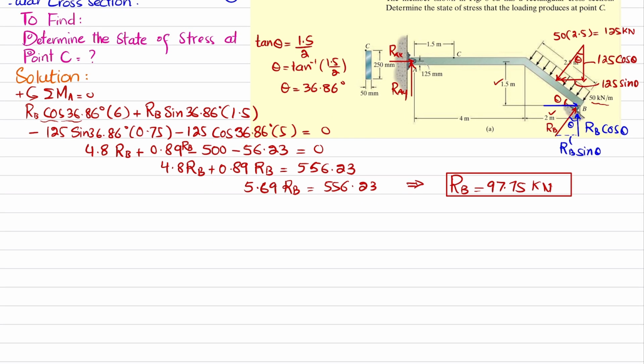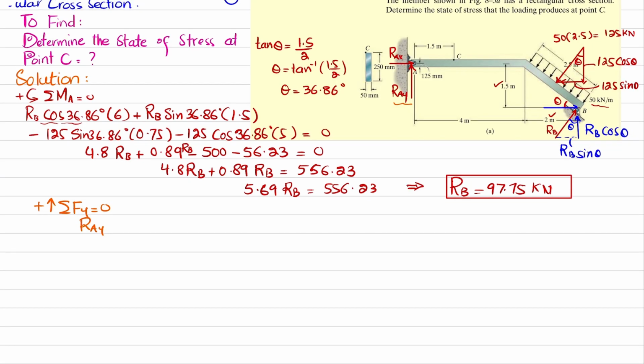Now we'll find this RAX and RAY by using another equation of equilibrium. The equation of equilibrium that we will be using is sum of all forces along y direction must be equal to 0, and upward force is taken as positive. So you can see RAY is acting upward. This force is acting downward, this is 125 cos of theta, and RB into cos of theta is upward.